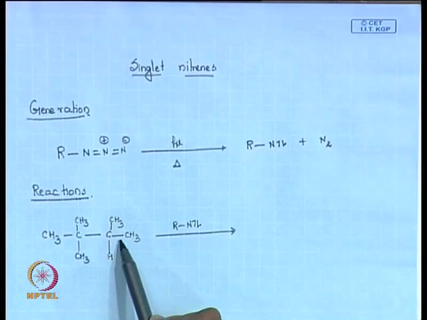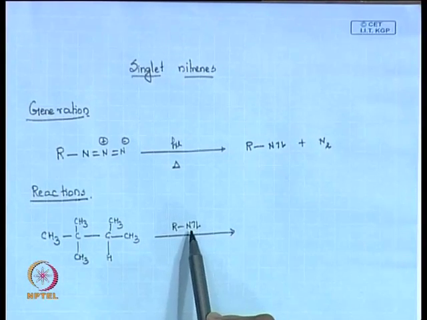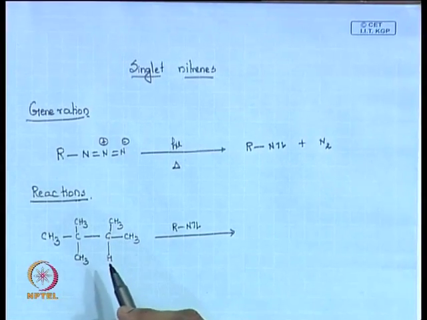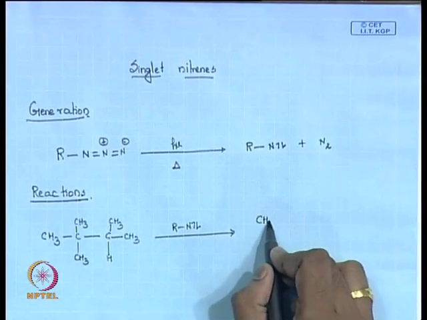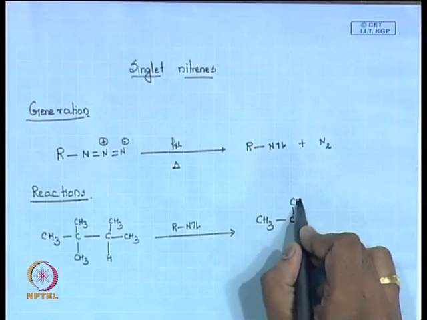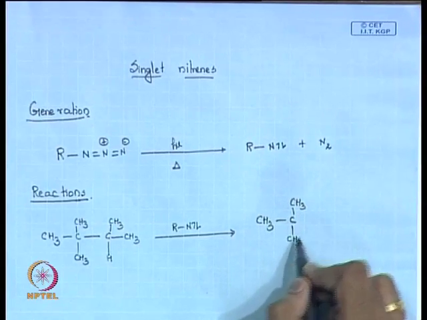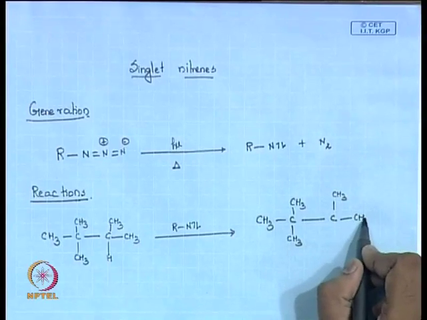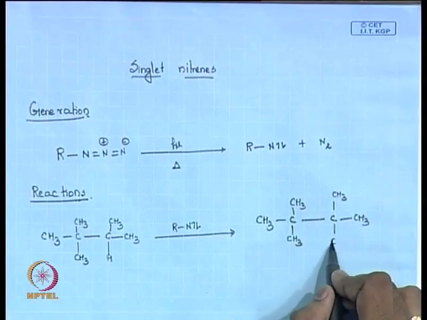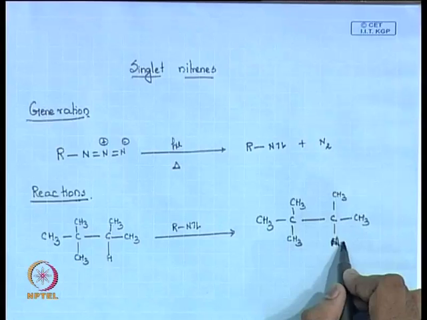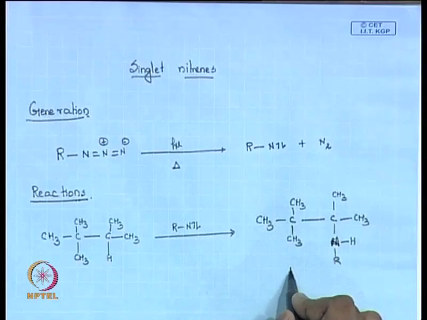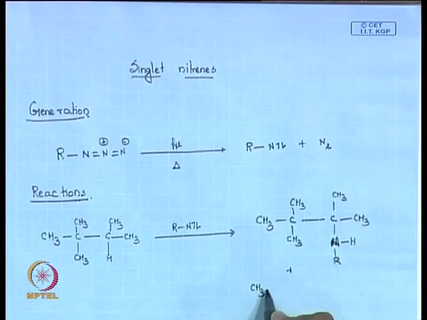Singlet nitrene also does the same thing, insertion into a sigma bond, but it is much more selective. For example, I get this as a major product, CH3C, nitrogen, NHR, and I might get this also, a little bit.